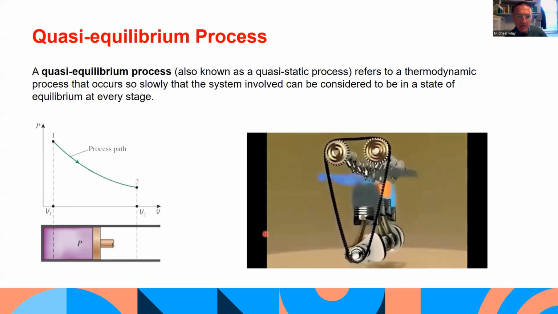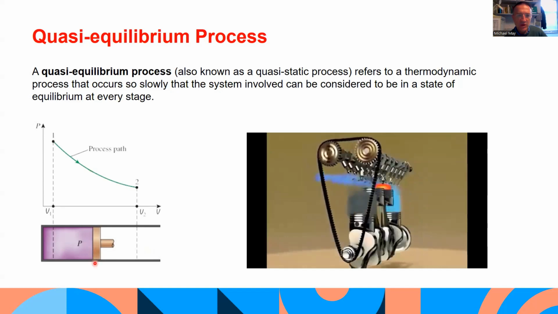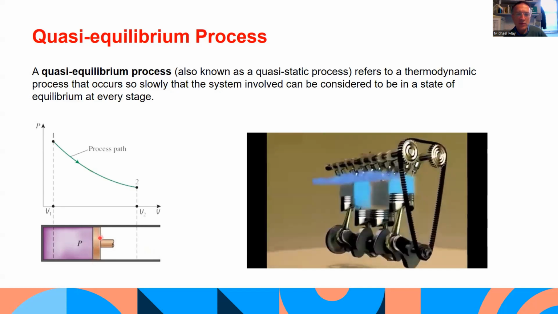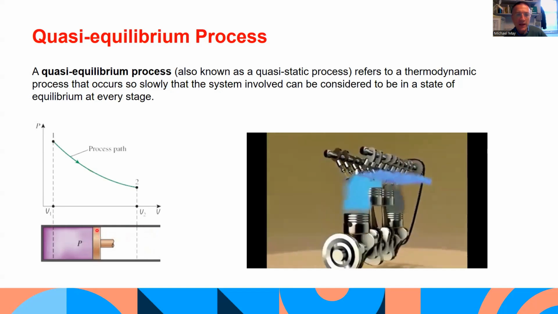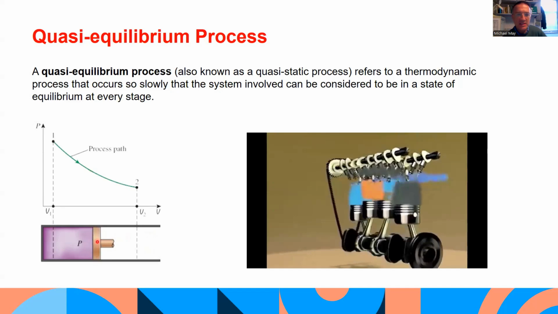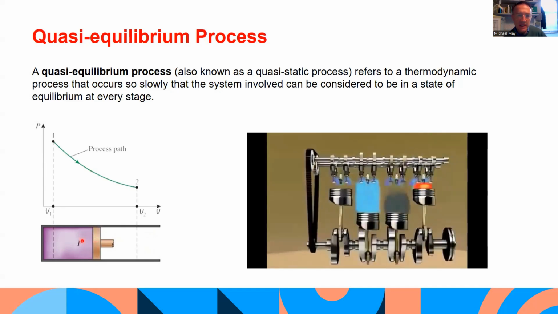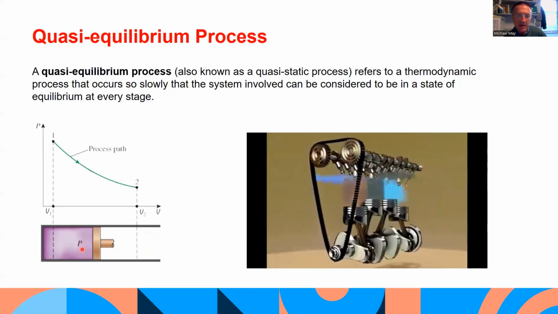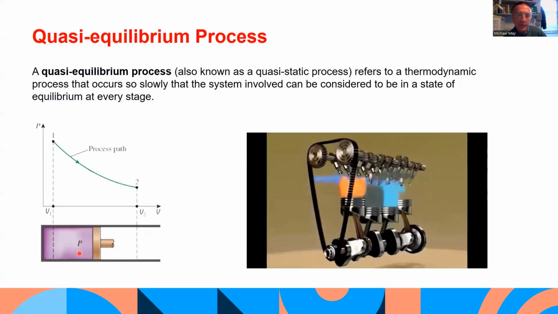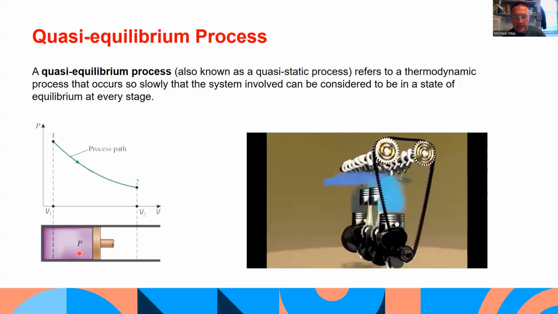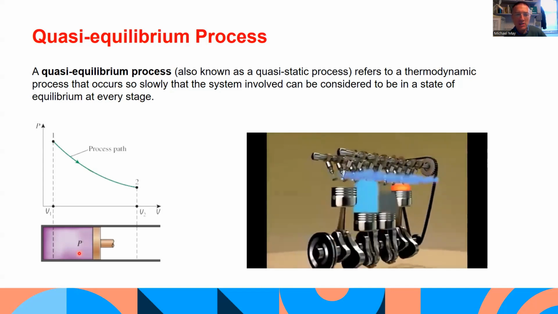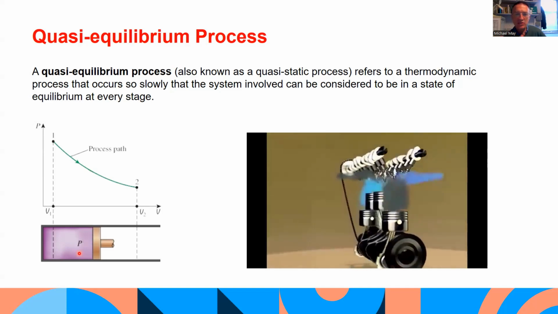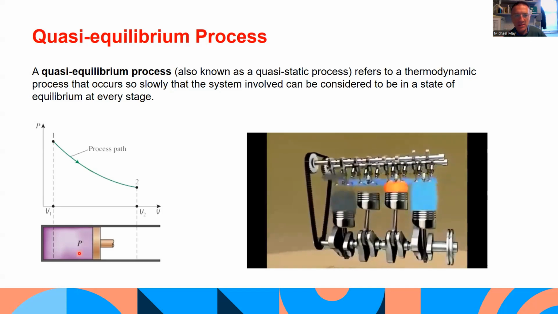So because of that, when a piston moves from one state to another, at any particular position that piston is in, we can't necessarily say for certain that the pressure and temperature and other thermodynamic properties would be of a particular value, because the system is constantly trying to restabilize itself.